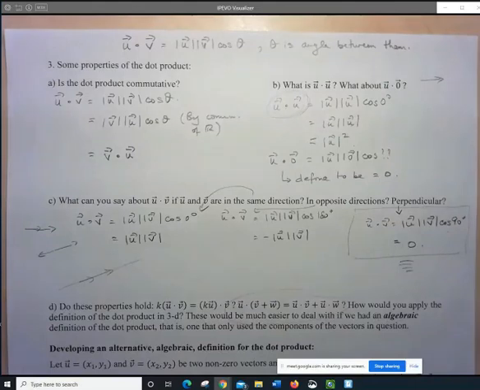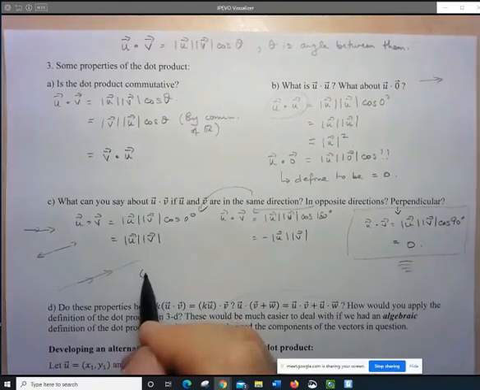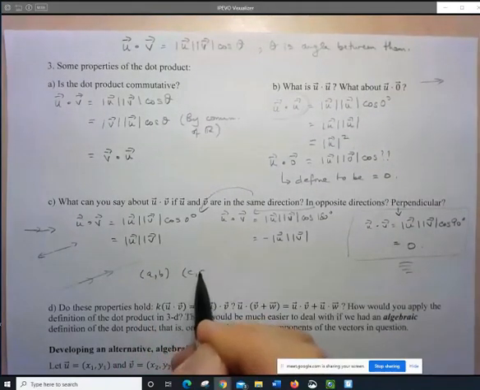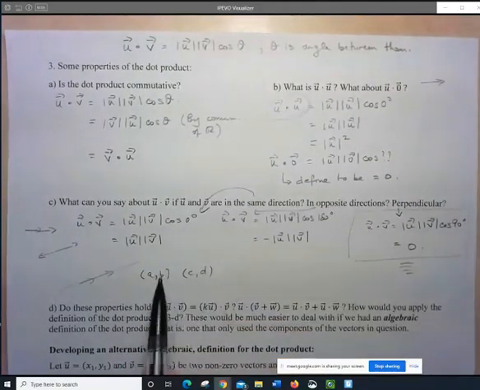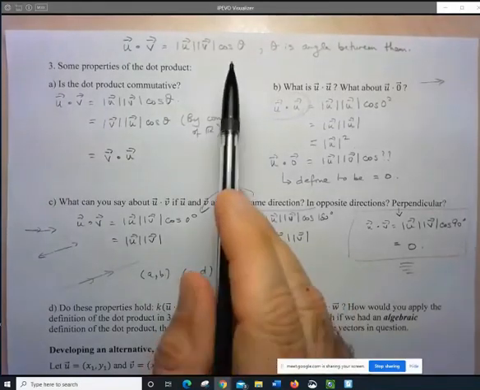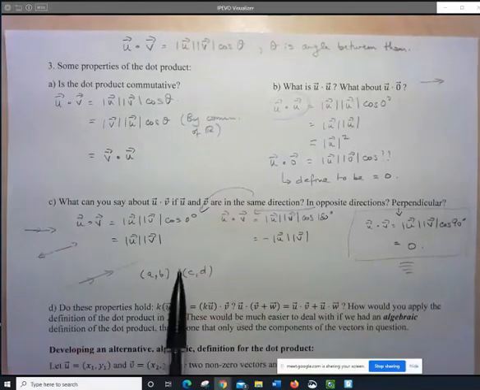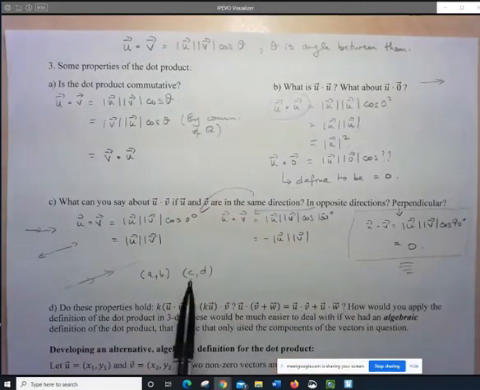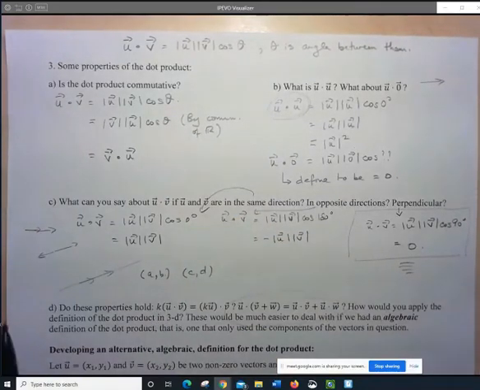Because now we know that if we're working with algebraic vectors, we can add these vectors together without ever knowing the angles between them or of the individual vectors, without even knowing the magnitudes. We know how to subtract these two vectors without having to work with their geometric properties.